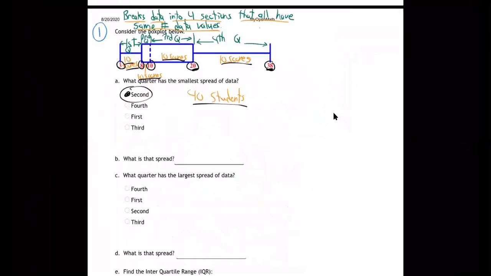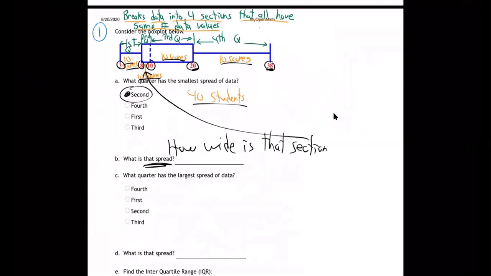So question B, what is that spread? In other words, how wide is that section right there? So what's the answer to that? How wide is that section from 8 to 10? It's 2, right?